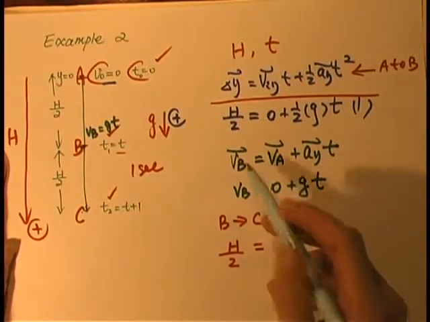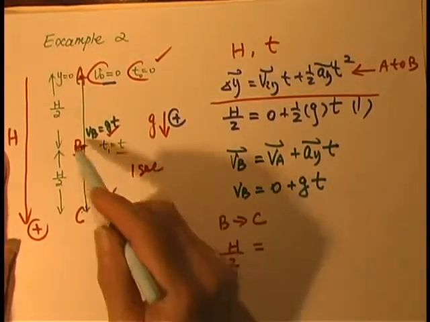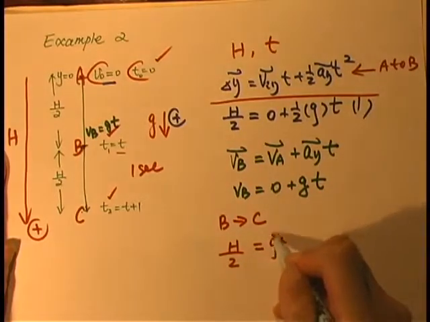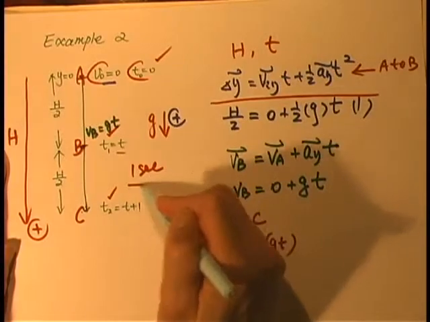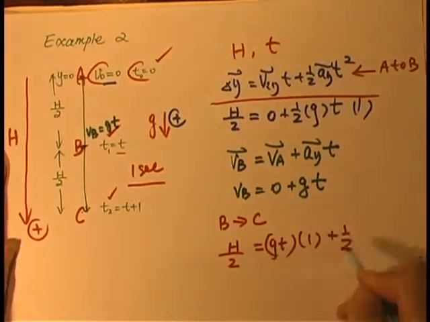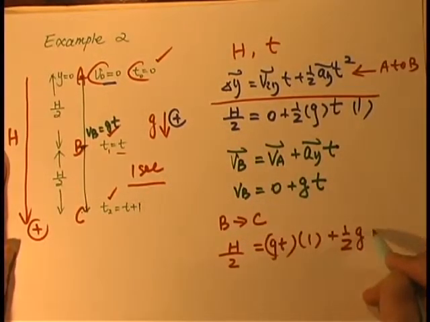Equals, apply this one, V initial, because it's B to C. B is initial. Initial is right here, gt, then time t. From B to C, time is 1 second. Plus 1 half. From B to C, g is still the same, so it's g times 1 second.